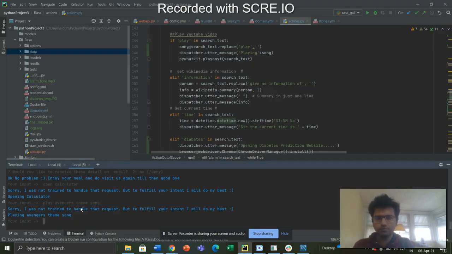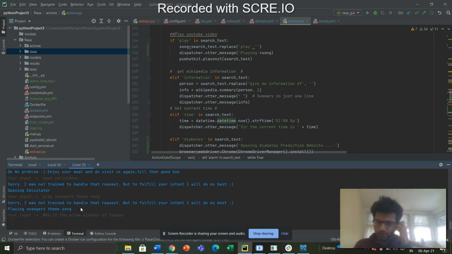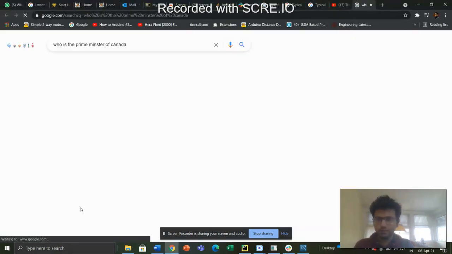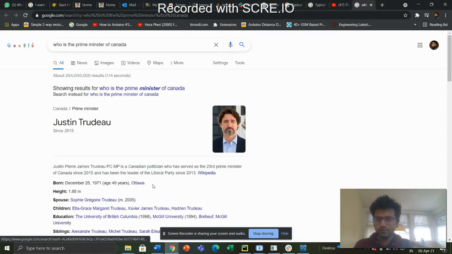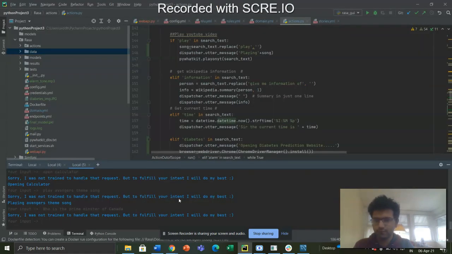Then if the user wants to know who is the Prime Minister of Canada, it has done a Google search and is telling Justin Trudeau is the Prime Minister of Canada.